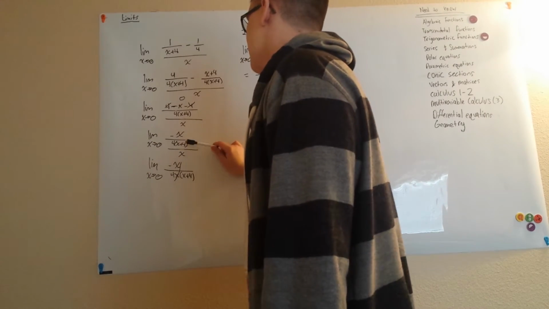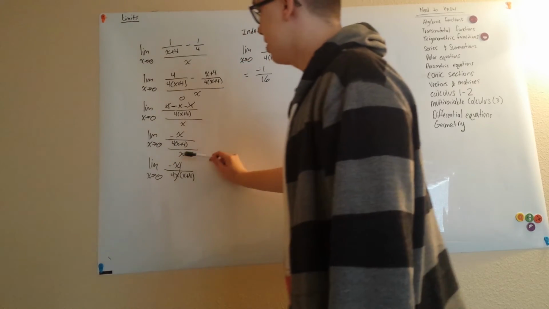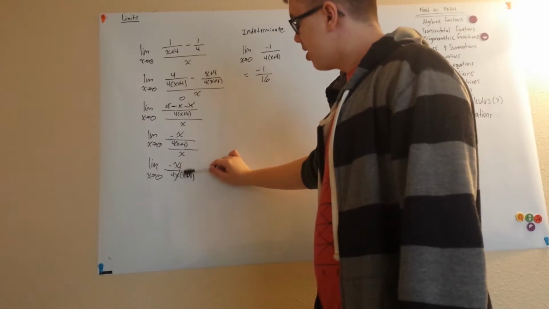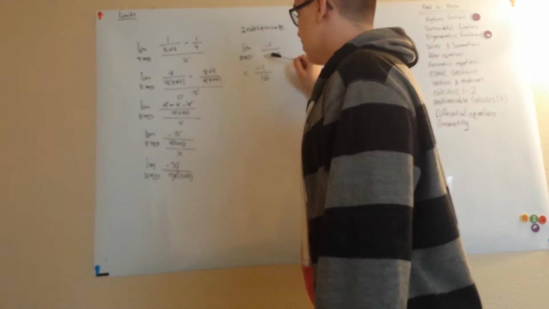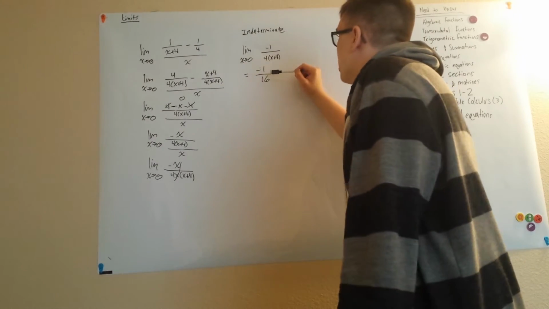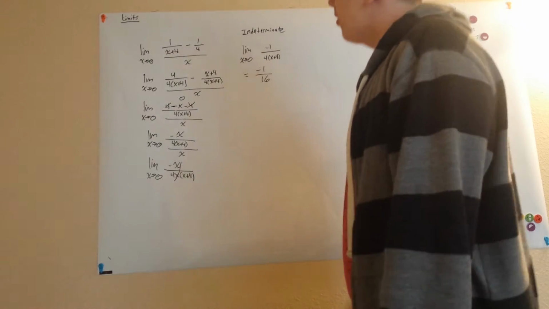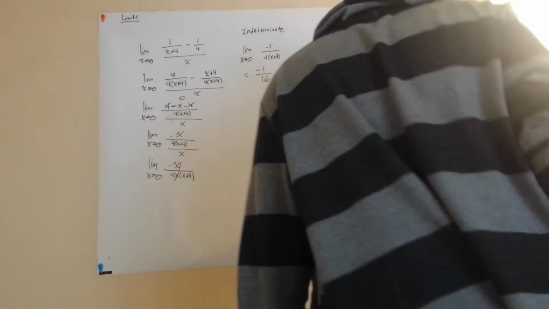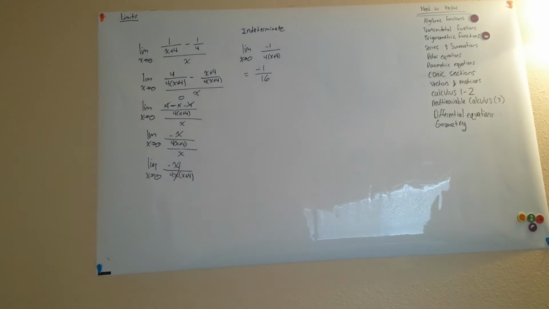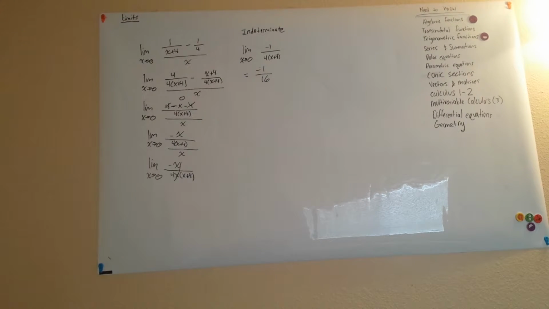We simplify this complex fraction into a simple fraction. Cancel out all common factors. Negative 1 over 4x. Negative 1/16. The algebra isn't that bad. It is not that bad. And there you go.